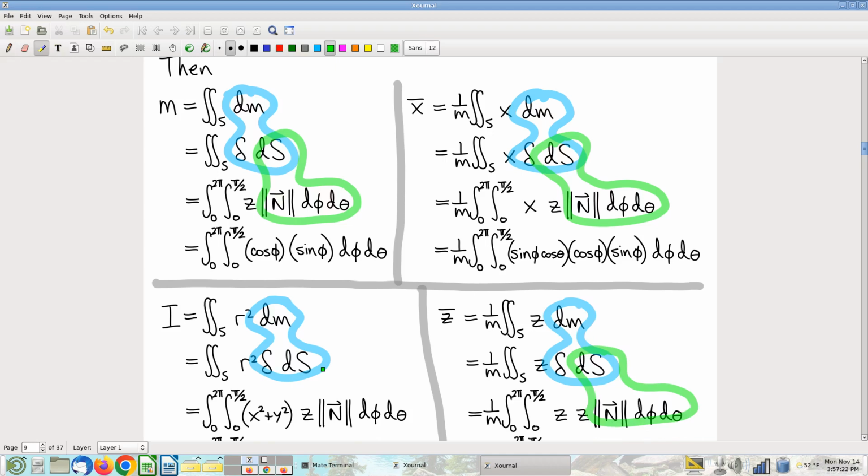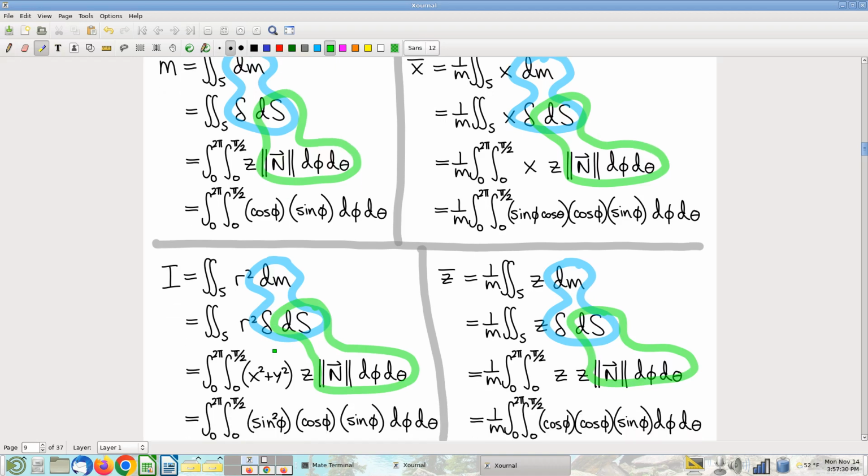What that stretching factor is, we already computed. It's sine phi. That's the same in all these calculations. Everybody good so far? So I'm turning Riemann sum scalar surface integrals into, as we develop each one of these, just plain old double integrals.